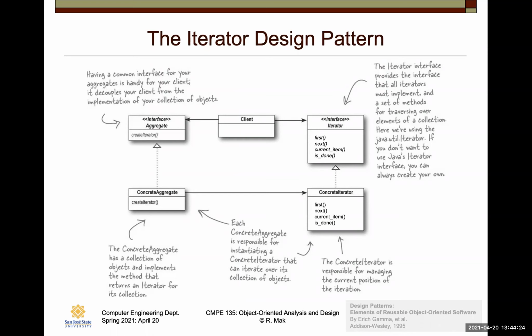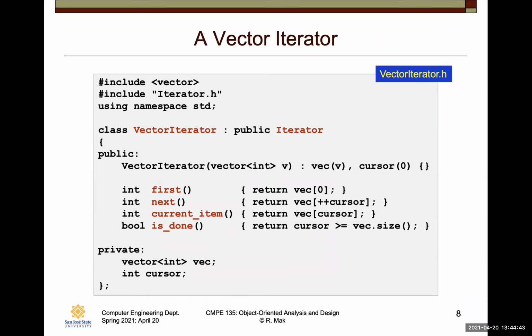If I had done things completely the way the design pattern says in my examples, the vector container would have had a member function that creates the vector iterator, whereas I actually created it separately by creating this class.